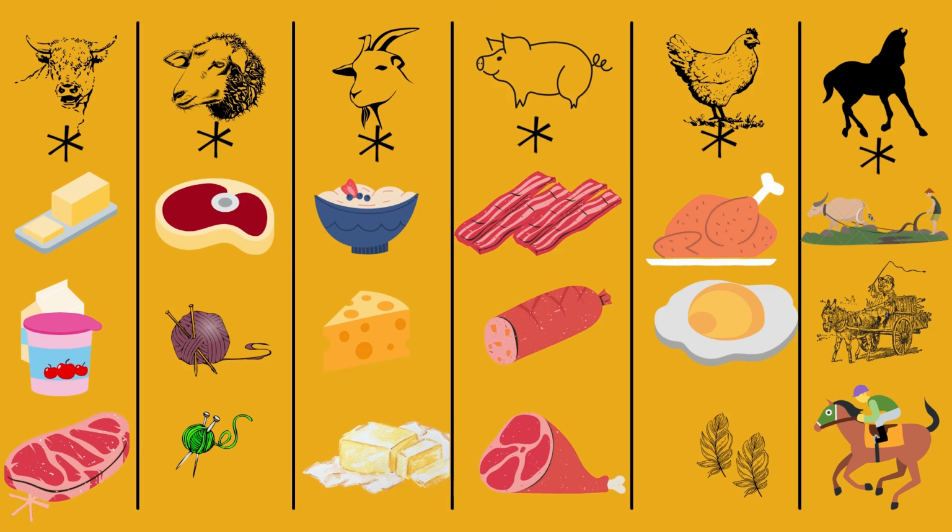Now what does that tell us? It means that from beef breeds we will get meat, and then from dairy breeds we will get milk. And the products that will come after that will be butter, cheese and yogurt.